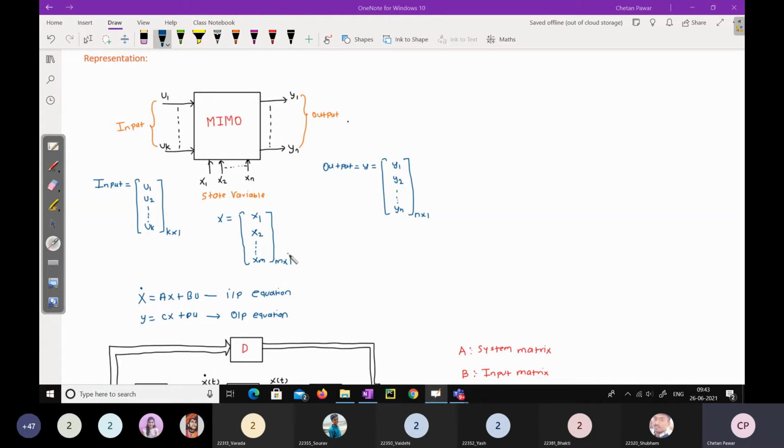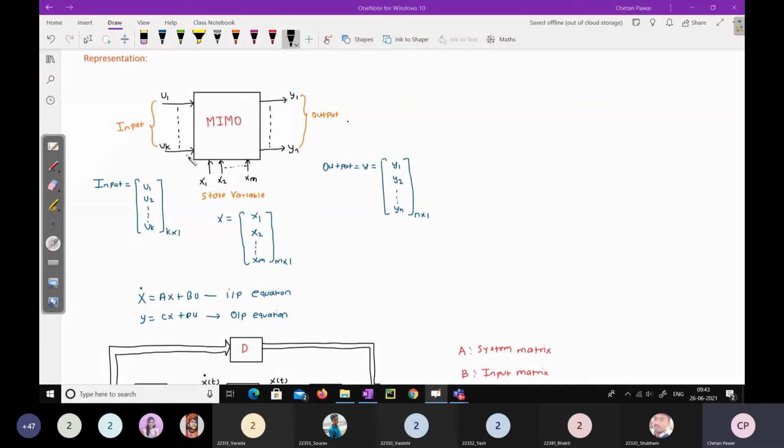I just need to make one correction here. There are M states and there are N outputs. So it is a multiple input, multiple output system.